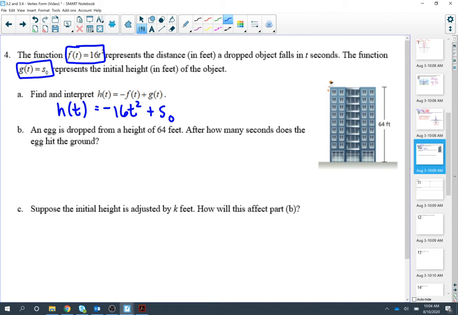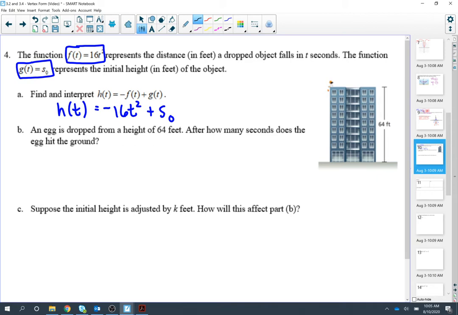Now it says we have to interpret that. We've done one little example of this before. Maybe you remember it, maybe you don't. If you remember, I said that whenever you drop something off of a roof, you can drop it or you can throw it. It can have a velocity or it can just be dropped.